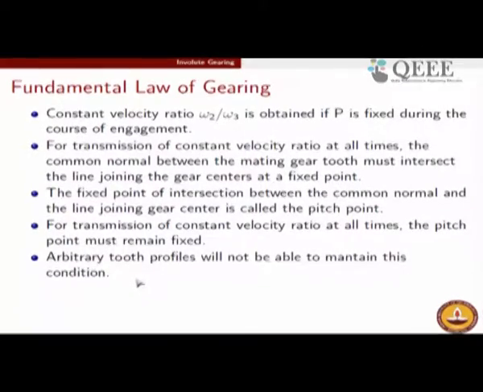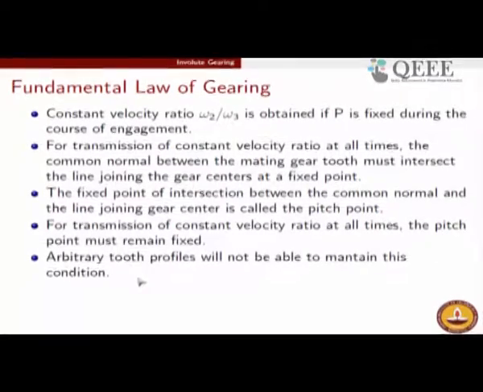So, arbitrary tooth profiles will not be able to maintain the condition of the fundamental law of gearing, which demands that the pitch point should not change, and the pitch point by its definition is determined by the common normal between the two mating gear teeth and the line joining the shaft centers.